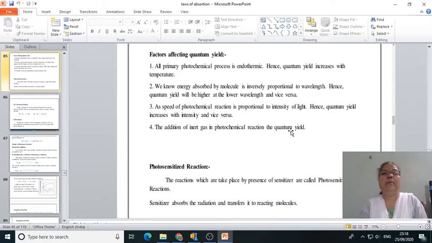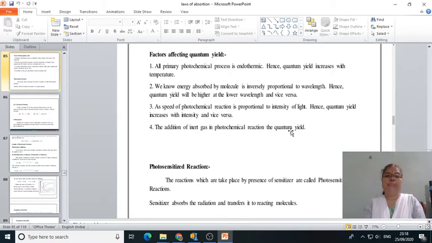For that purpose, if we add any external sensitizer which is able to absorb the light radiation, then and only then a photochemical reaction takes place.